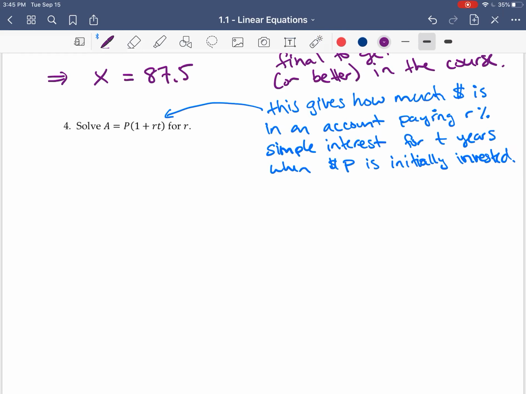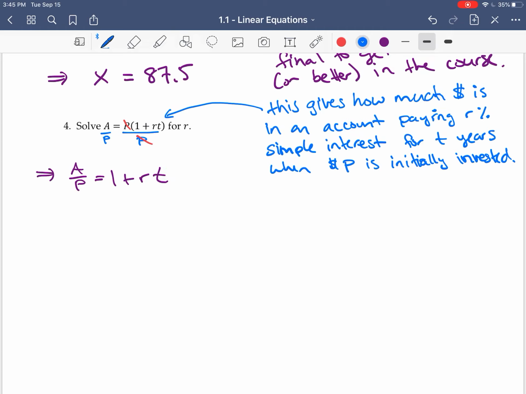The first thing I'm going to do is divide both sides by p. The reason for that is because I have p times all this stuff on the right hand side, and that's going to cancel off the p's. So that's going to give me no p there. Again, you don't have to start with this step. But that's A over p is equal to 1 plus rt.